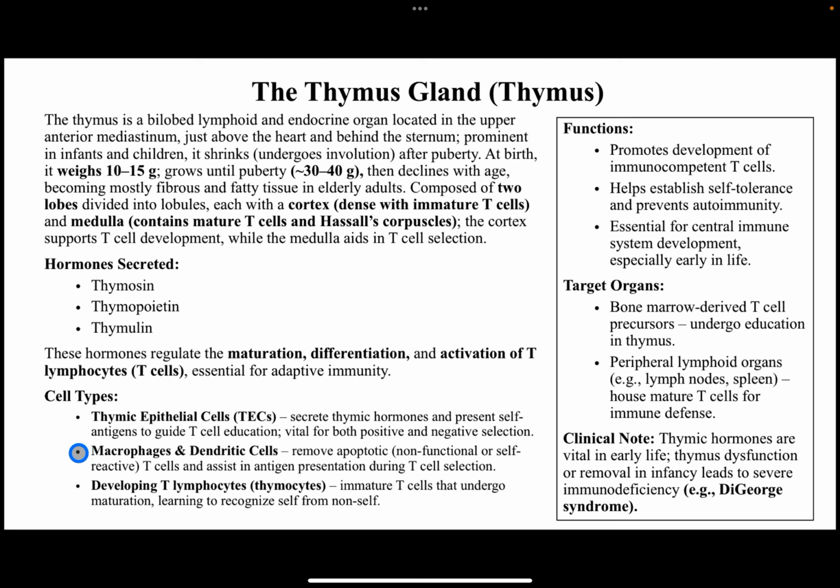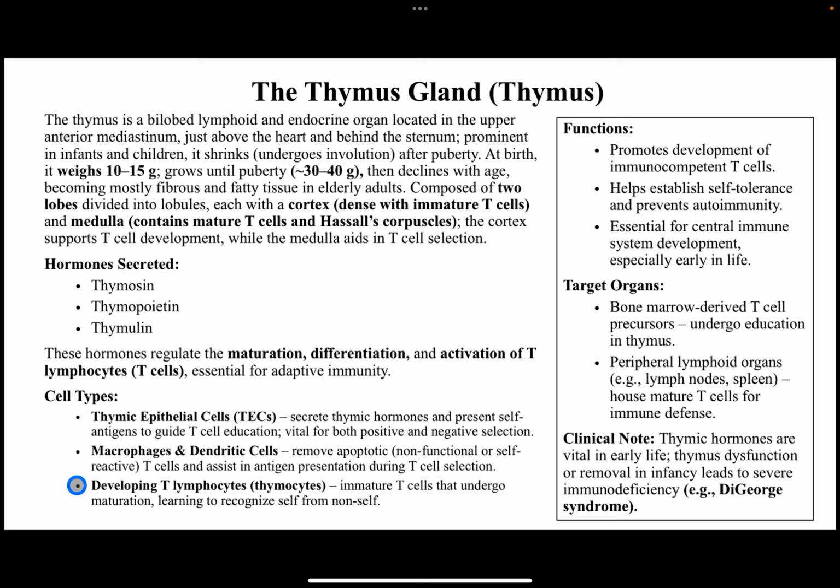Now, these macrophages and dendritic cells help to remove apoptotic, non-functional, or self-reactive T cells and assist in antigen presentation during T cell selection. Now, developing T lymphocytes, we have the thymocytes. Okay, so immature T cells that undergo maturation, learning to recognize self from non-self.